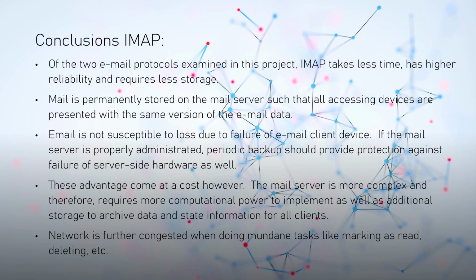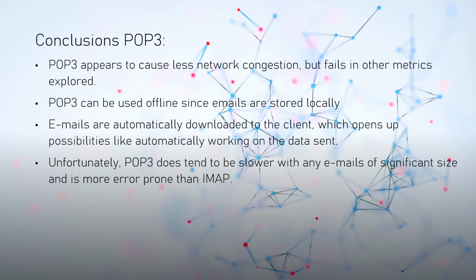That does mean that IMAP is harder to implement because it is more complex. And network congestion does get a little bit worse when you start doing things like looking at emails and reading emails. So for POP3, generally it's worse, but it does enforce less network congestion, I guess.